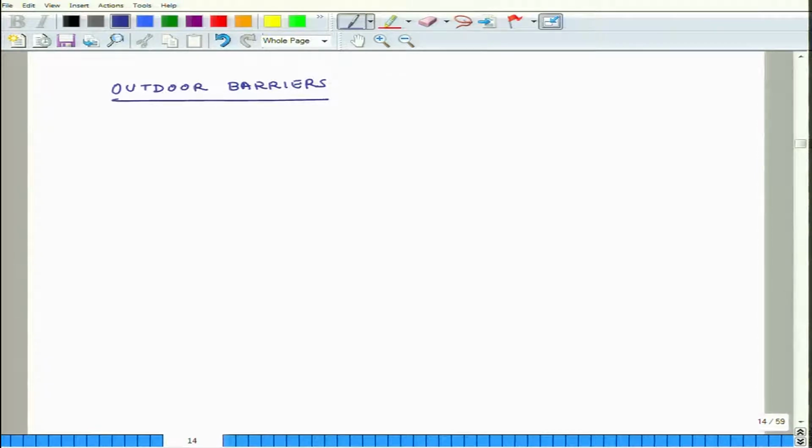And what I will do is, first let us look at a picture. So, this is a barrier, and let us say this is a sound source, and I have a listener here.